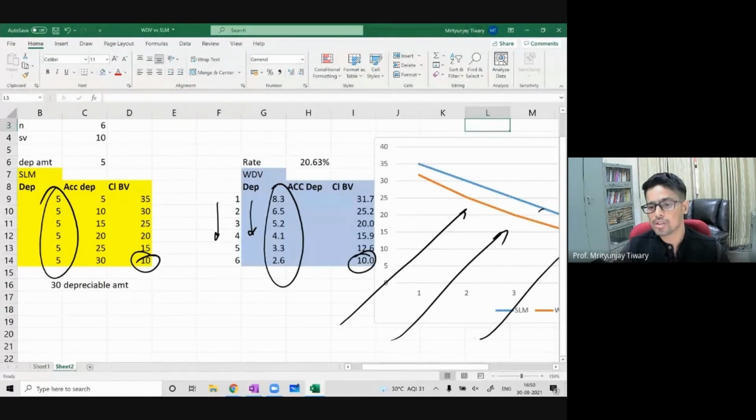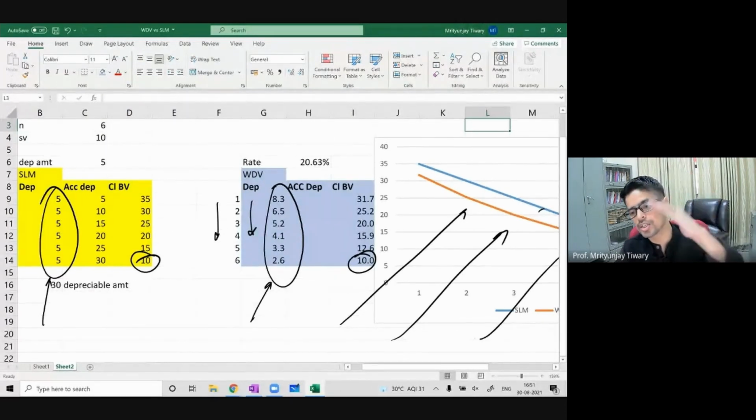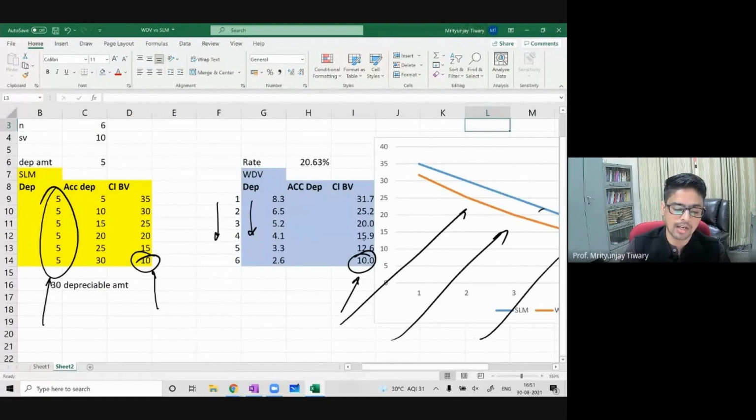Then will they ever cross each other? No, at max they will just meet at the last moment. That's what is happening here in the balance sheet.